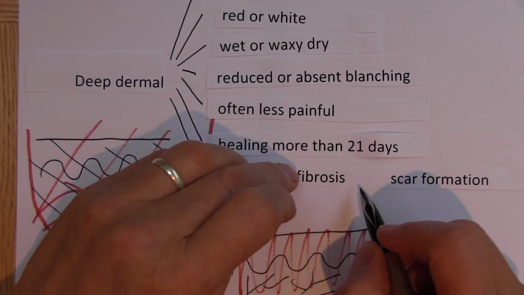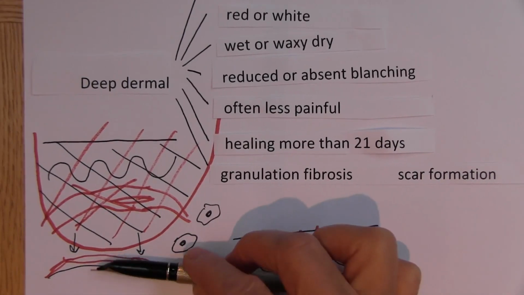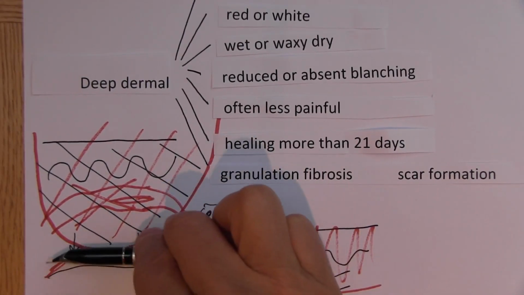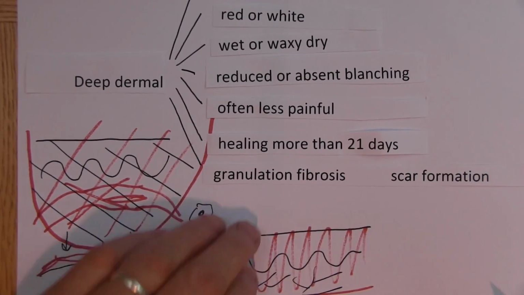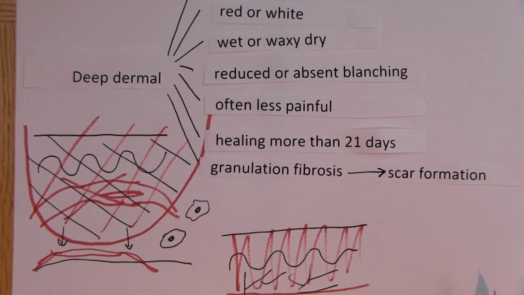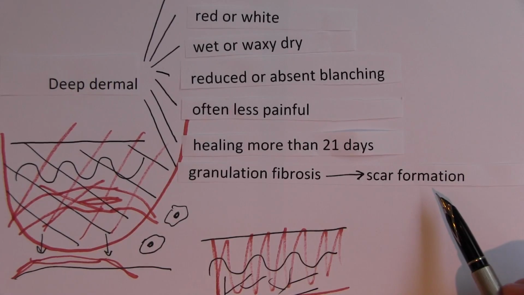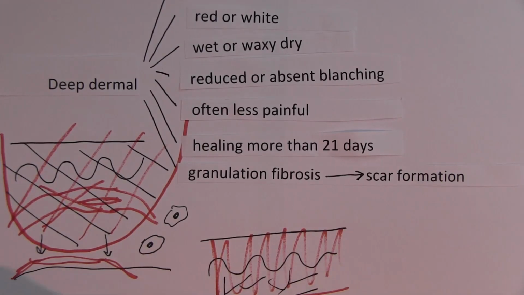But the fibrosis, the healing by fibrosis, remember, if we can't heal by regeneration, if the tissues are so badly damaged that there's not much left there to regenerate by mitotic regeneration, then we're left to healing by fibrosis, collagen scar tissue, and the fibrosis leads to scar tissue. And this leads to poorer cosmetic and functional results. So these burns are more likely to heal with scar tissue formation.